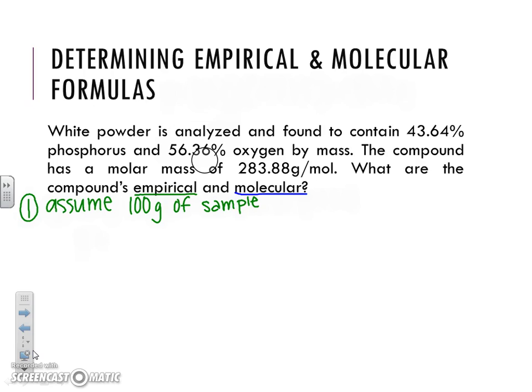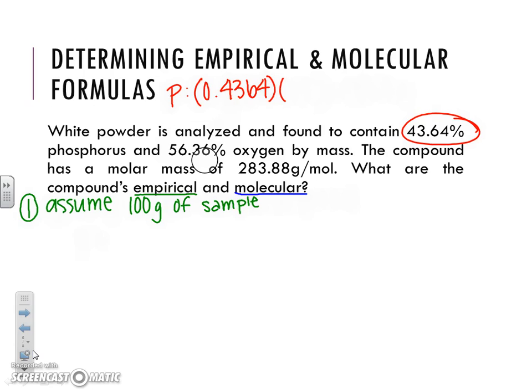If we have 100 grams of sample and I want to know how many grams of that 100 grams are phosphorus, I can use my percent by mass for phosphorus to figure that out. So phosphorus was 43.64%. I changed this into decimal form in order to use it for calculations.